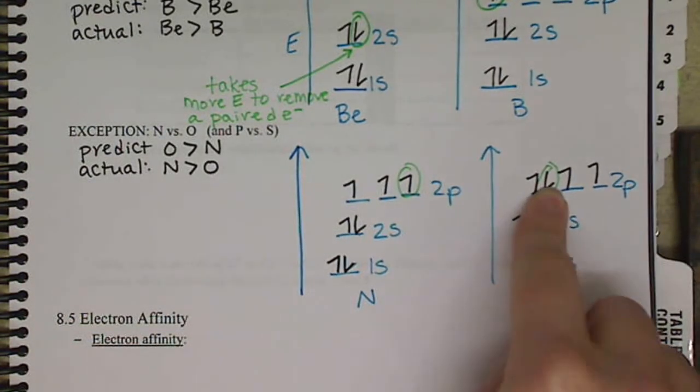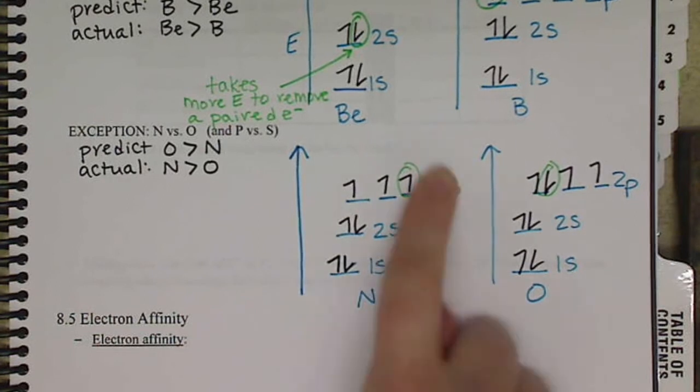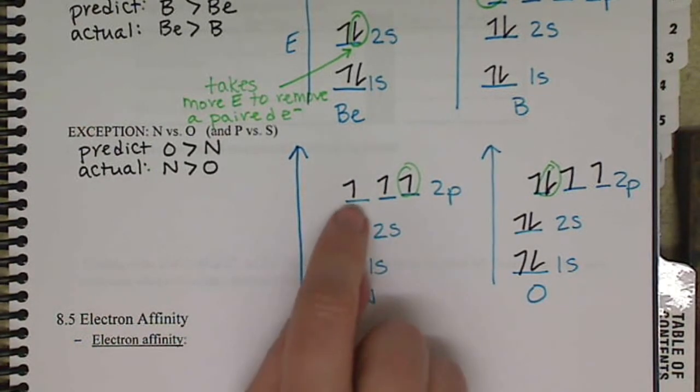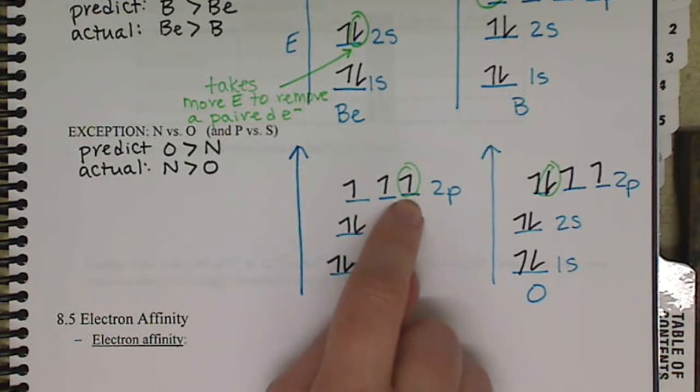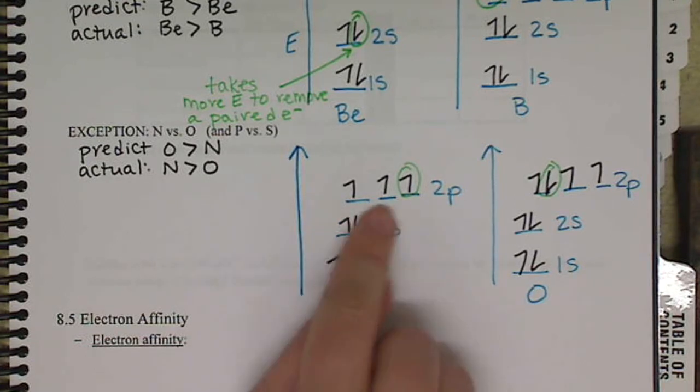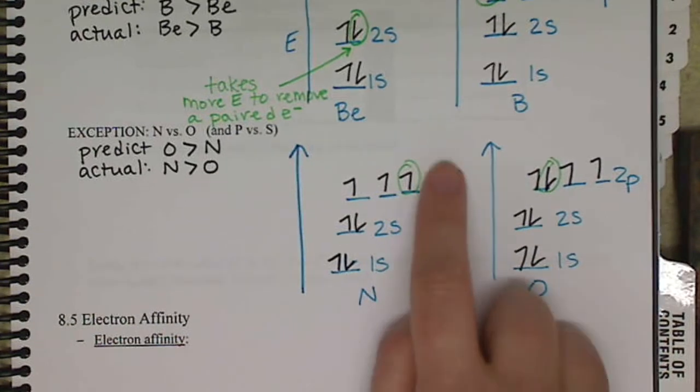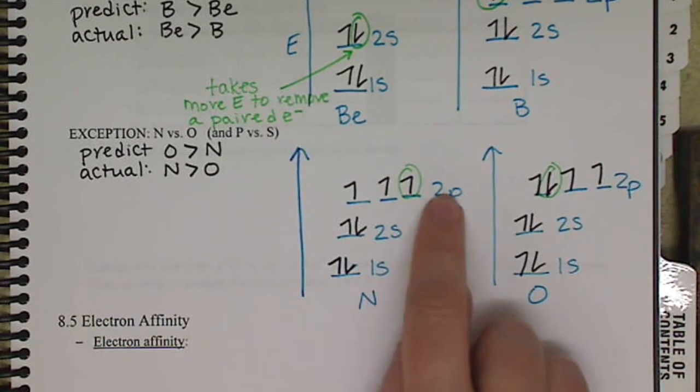But what happens is, for our nitrogen here, by removing this electron, we're disrupting a half full subshell. So the 2p is a subshell of the n equals 2 level.